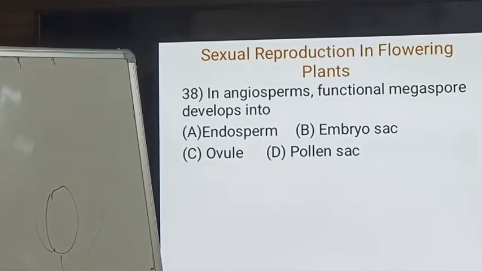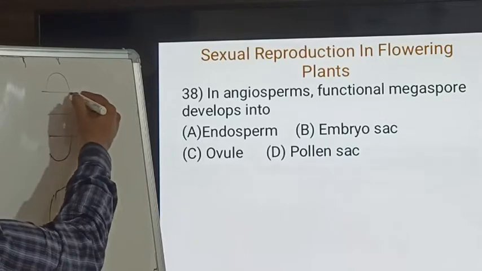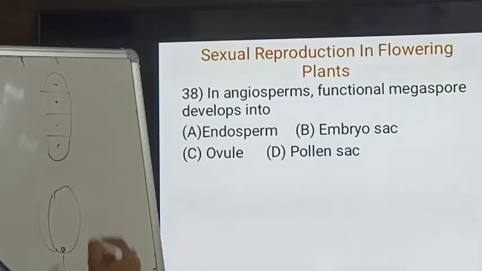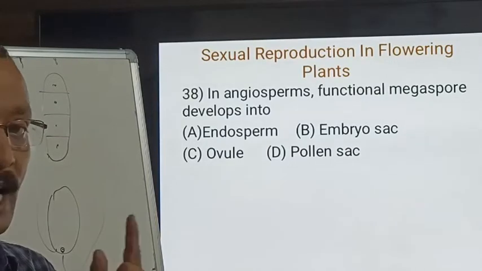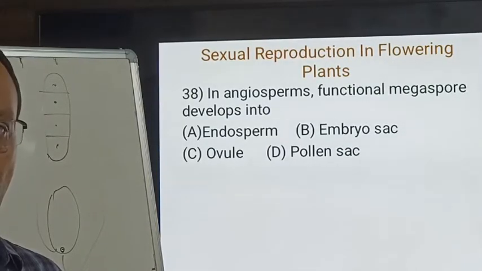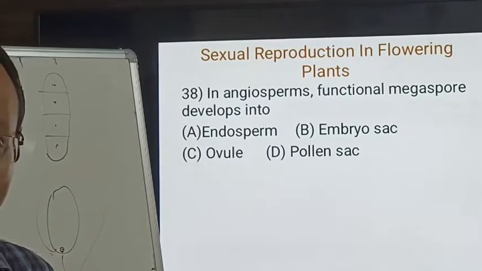In the nucellus, a single cell present towards the micropyle develops into the megaspore mother cell, and this megaspore mother cell, on meiotic division, produces 4 megaspores. The megaspore mother cell is diploid. On meiotic division, it produces 4 megaspores which are haploid.